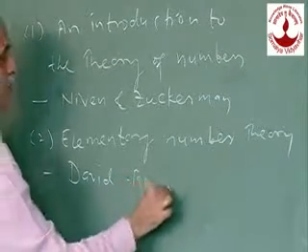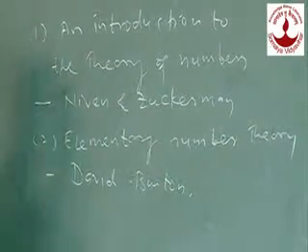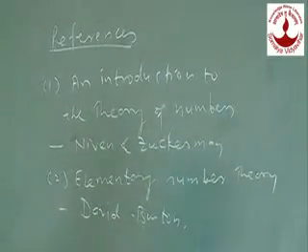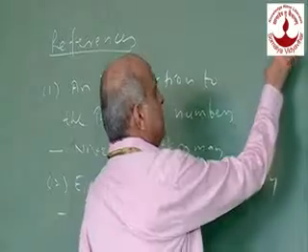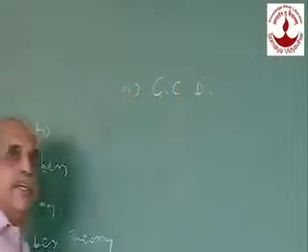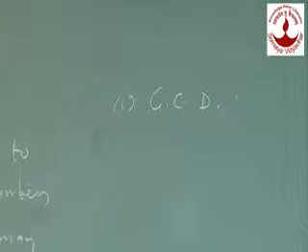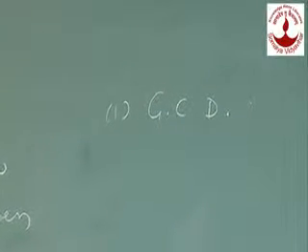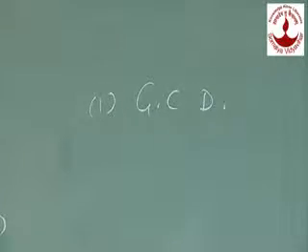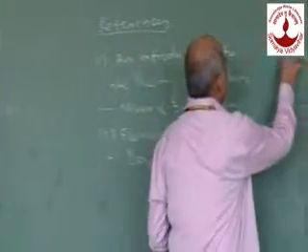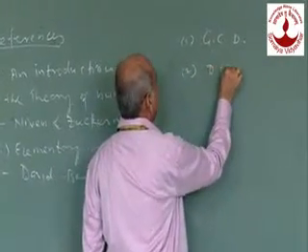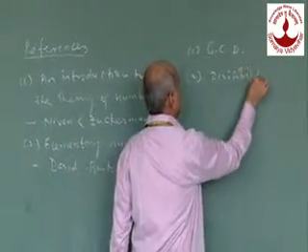Now, what are the basics required to understand the properties of the numbers? So, the basic requisite is you should have first of all some knowledge of GCD, as you learned in class 8 or 9. What is the greatest common divisor of two numbers? The second one is the properties of divisibility.